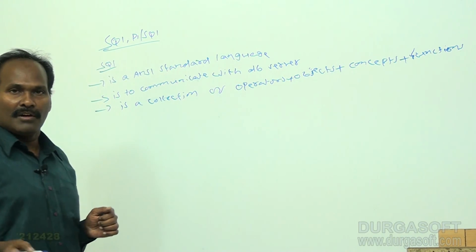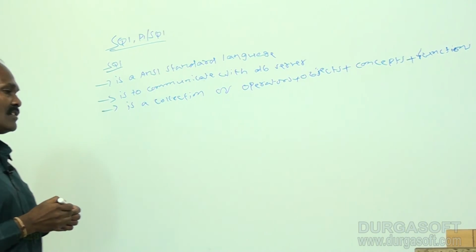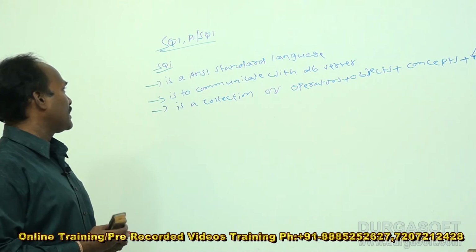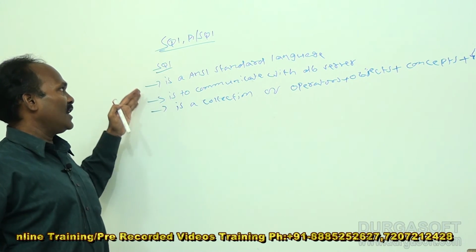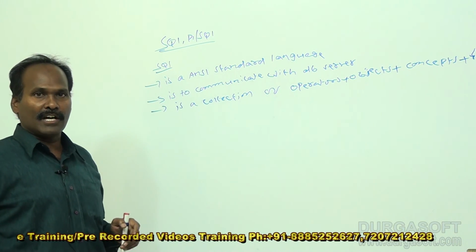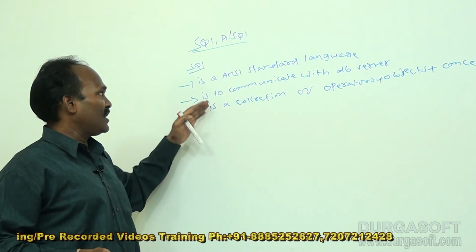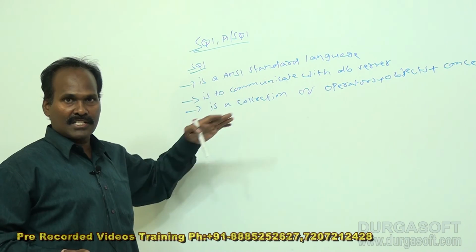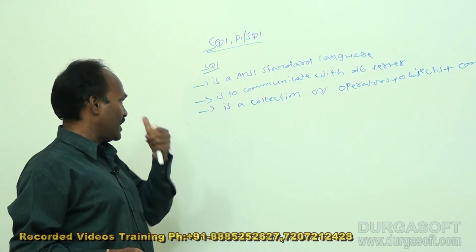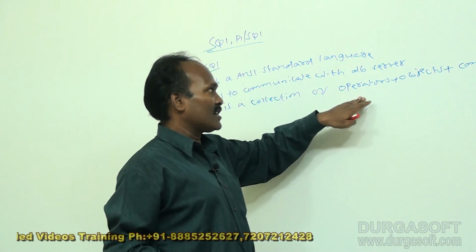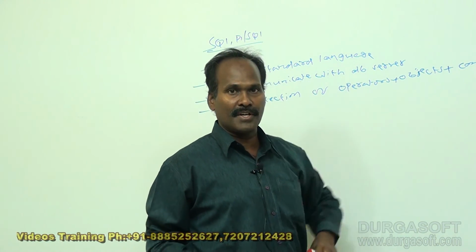In the forthcoming classes we will discuss in detail. For now, just remember that SQL is especially meant for communicating with the database server. In the last class I showed diagrammatically that SQL is a collection of operators plus objects plus concepts plus functions.